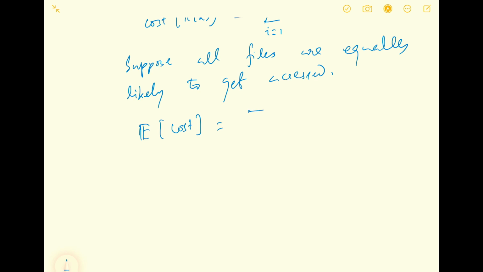So expected cost is the average cost, you can think, cost of pi k by n, k equal to 1 to n. So this is the average cost.